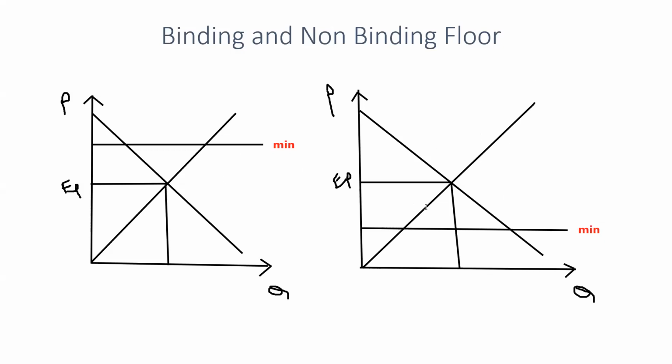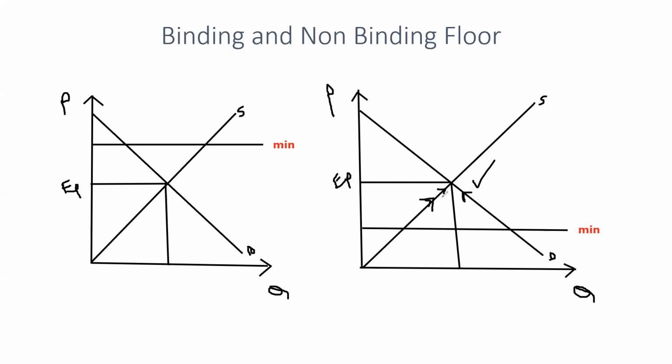Let's have a look at this case here. Quickly write down demand and supply. Okay, so here you can't go below the minimum, right? But can you go above it? Yes. So will the market reach the equilibrium price eventually?